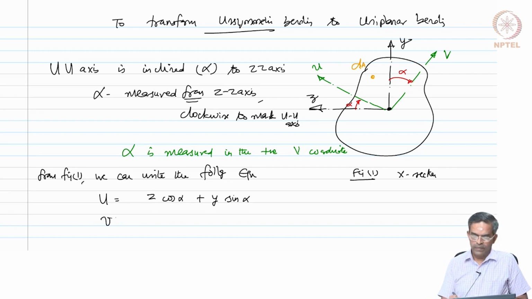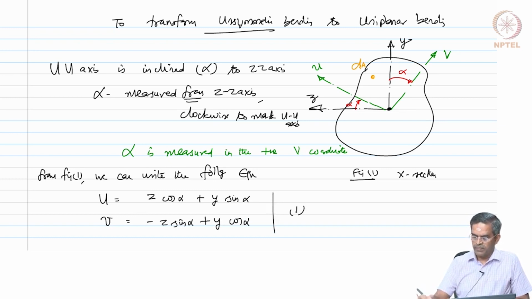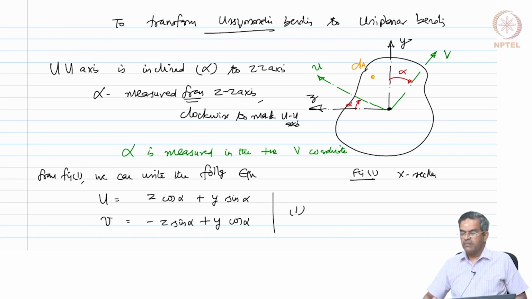V is given by minus z sin alpha plus y cos alpha. We call this equation number 1. It is a basic equation written with reference to figure number 1.